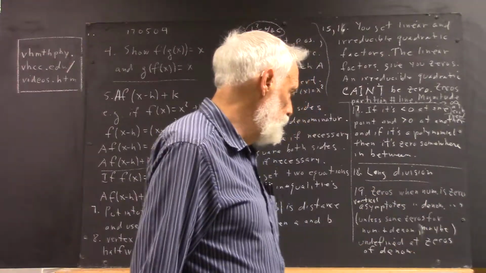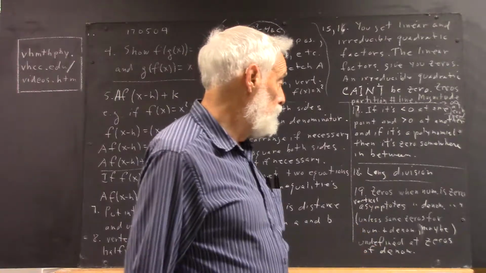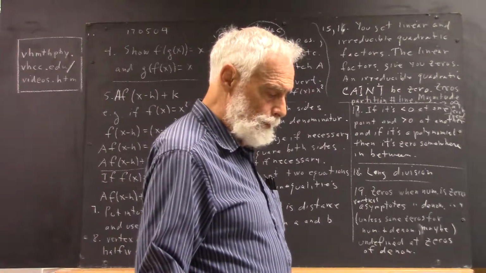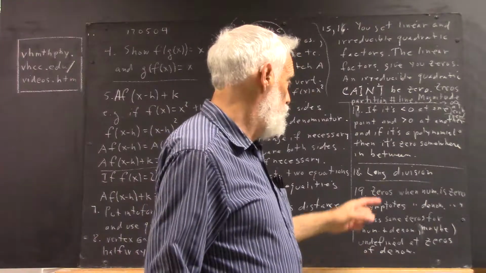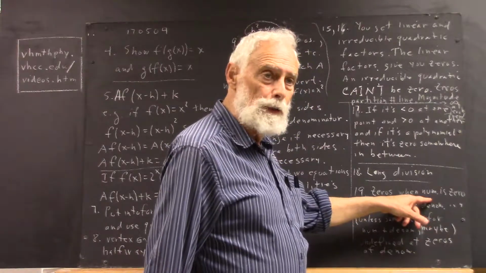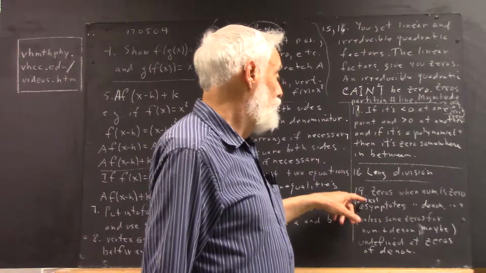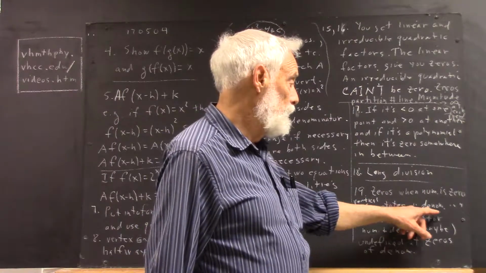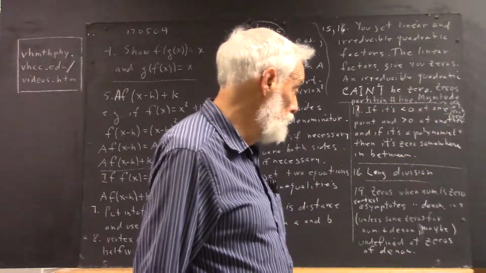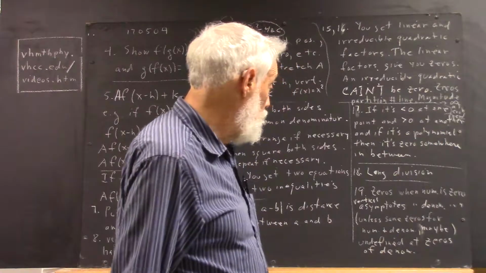I'm not going to go into all that detail, but you've got to think about those things and follow procedures. But the bottom line is that zeros occur when the numerator is 0, when the numerator zeros aren't matched by denominator zeros, and vertical asymptotes occur when the denominator is 0, provided the denominator zeros are not matched by numerator zeros, but sometimes even if they are matched, you still have those things.